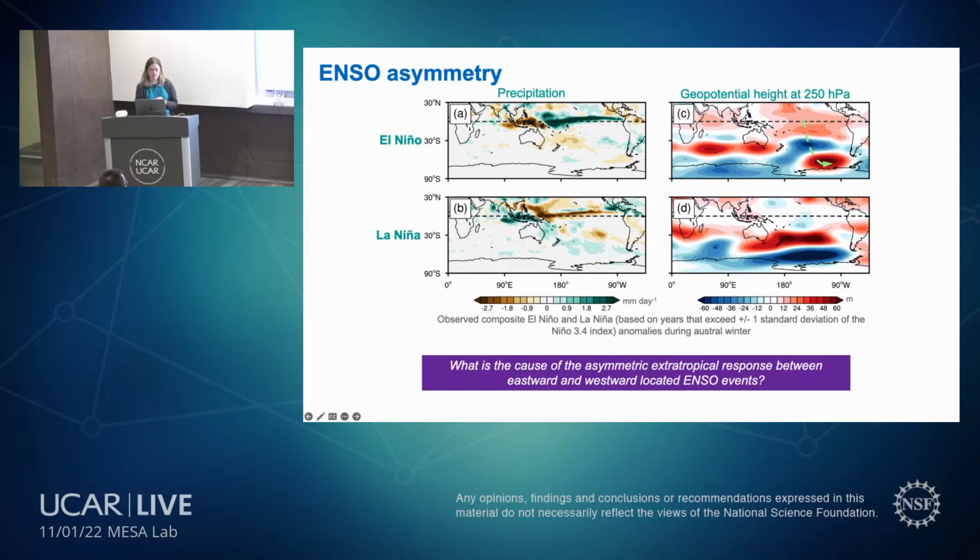As we're showing here, this maximum rainfall response is westward of the SST response during El Nino. So does a canonical ENSO have less effect on Australian precipitation than a Central Pacific one? I'm not too sure about that. I think that could perhaps be the key to explaining why some El Nino events don't have an impact, whether there is some difference between canonical, Central Pacific, Modoki El Nino events. That could perhaps be the difference there.